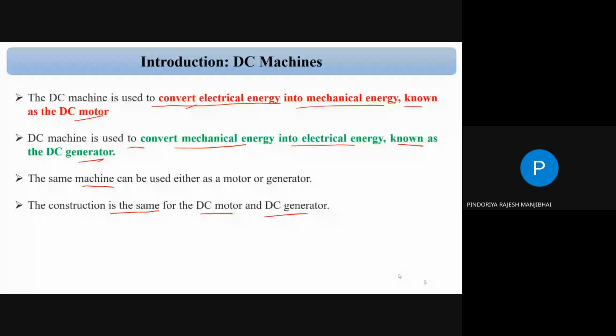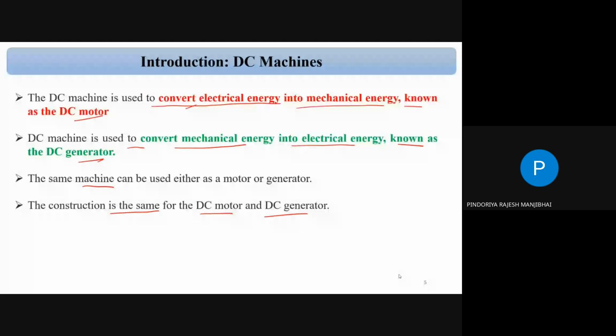So the first slide is the introduction of machines. Machines are classified as AC machines and DC machines based on the supply voltage. If the supply is AC, we say AC machines. If the input supply voltage is DC, we say DC machines. Again, machines are divided into two categories, the generator and the DC motor.